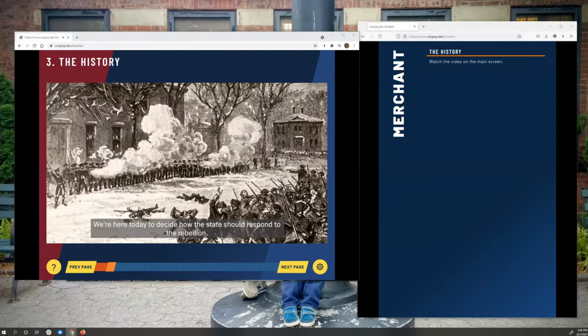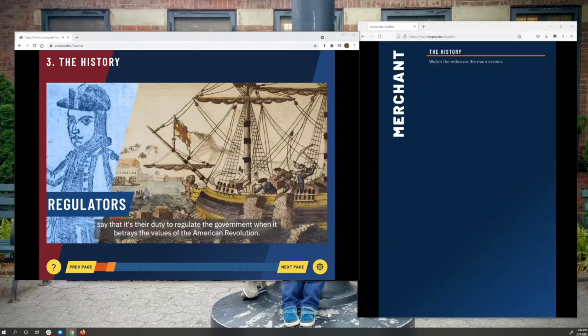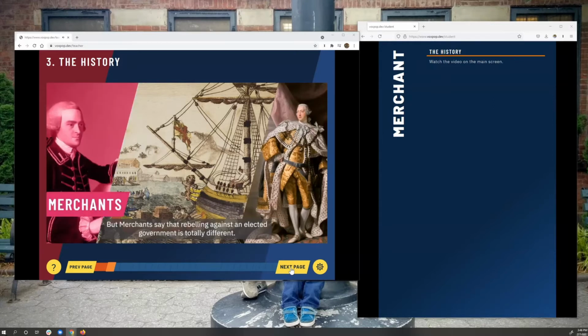We're here today to decide how the state should respond to the rebellion. People in the West, calling themselves regulators, say that it's their duty to regulate the government when it betrays the values of the American Revolution. If we rebelled against a king for taxation without representation, it is justified to rebel against the state government for the same thing. But merchants say that rebelling against an elected government is totally different.